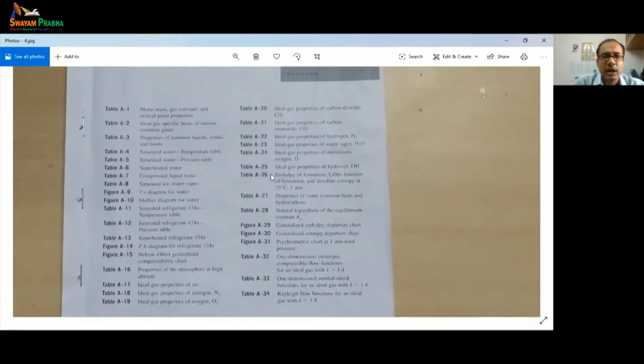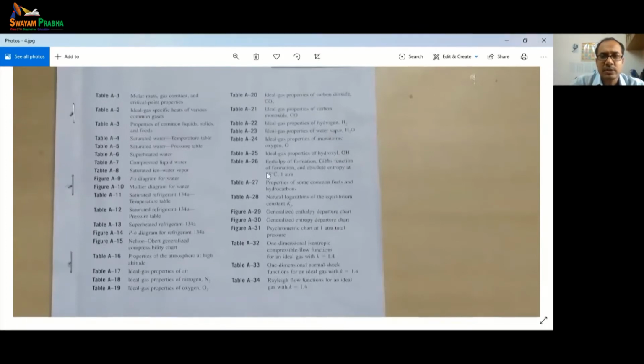However, using those software tools does not give you the feel of using these tables. So I would insist that even if you have software readily available, for your undergraduate learning please follow how to look up these tables, because otherwise you will not get the physical sense of what is happening.